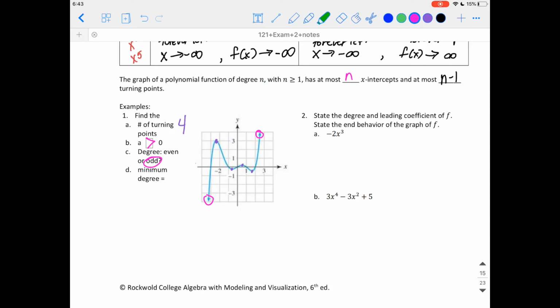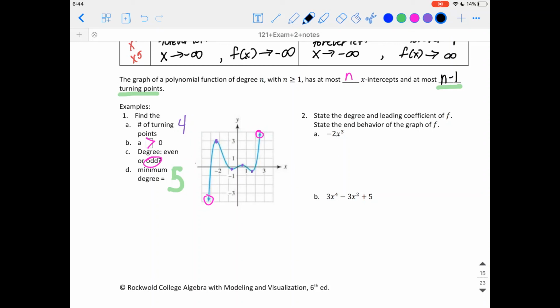So the lowest that it can be, based on this formula, is 5. The minimum degree is 5, because 5 minus 1 gives us the 4 turning points that it has. So that's the smallest that it can be. It could be a degree 7. It could be a degree 9. But the minimum degree is 5.